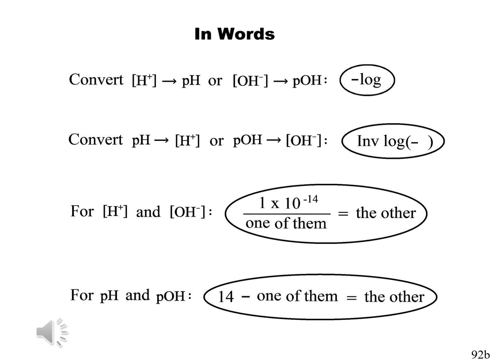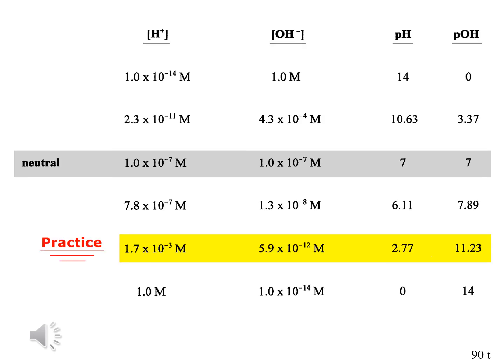Because most people know the last two, that 1 times 10 to the minus 14 divided by one of them gives you the other for H plus and OH. And most people know that if you subtract from 14, you get the other. So if you learn the formulas this way, some people like these better. This one that's in yellow here, you could use it for practice.